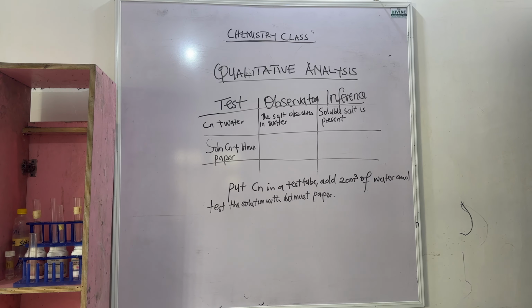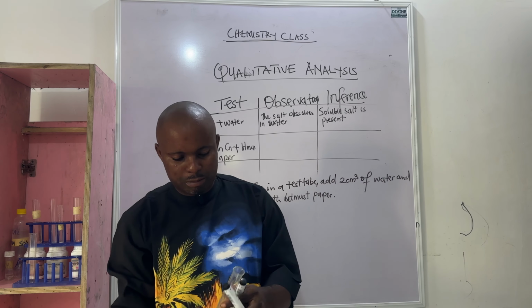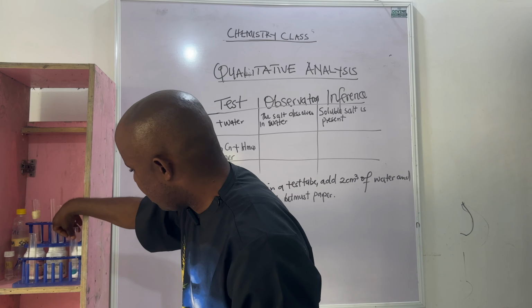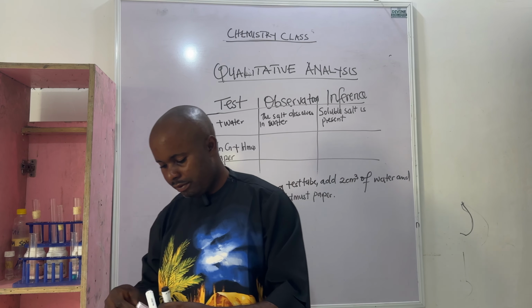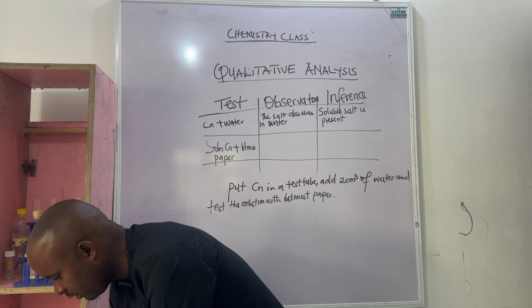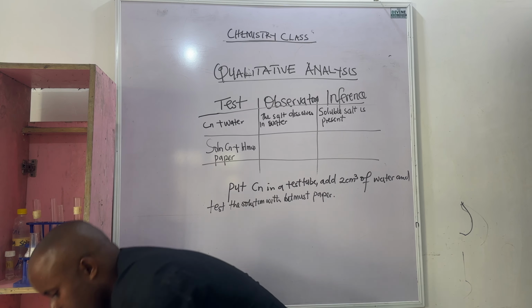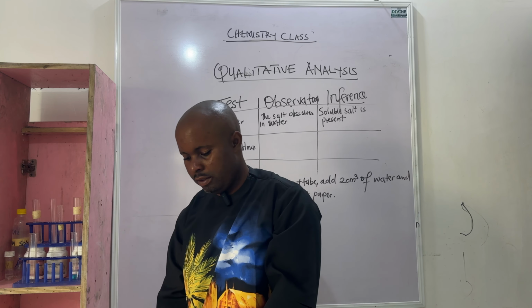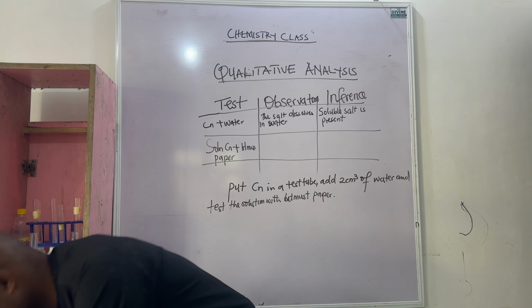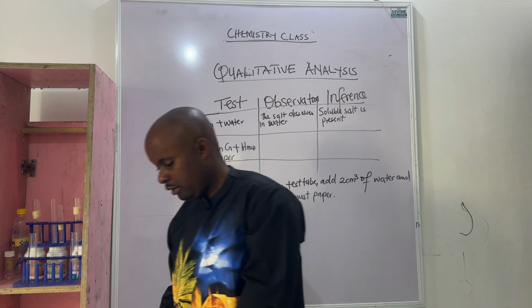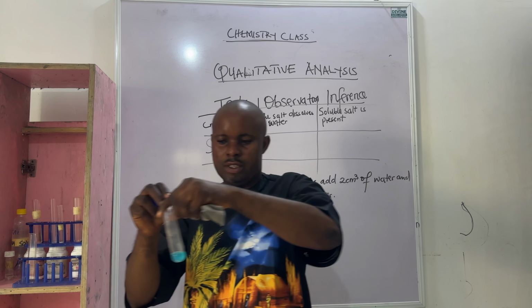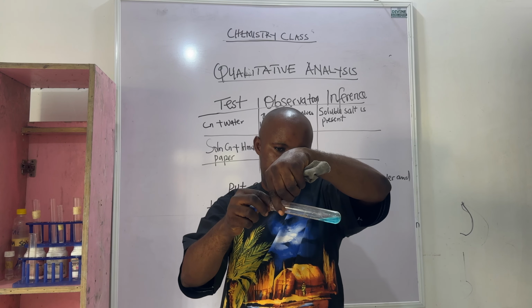Let's use the blue litmus paper first. Let's see the characteristics of this salt on litmus paper.